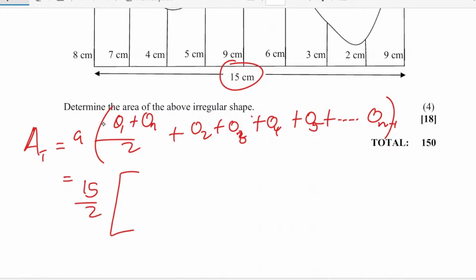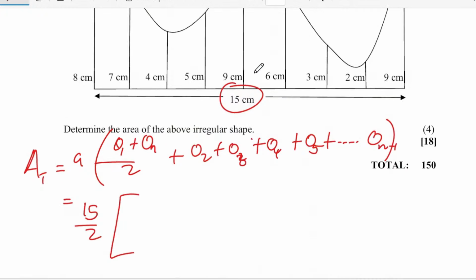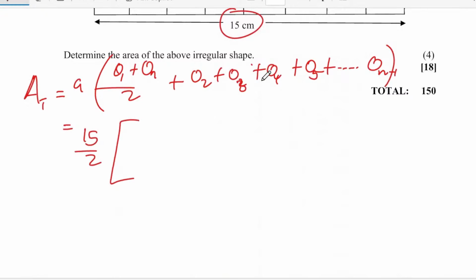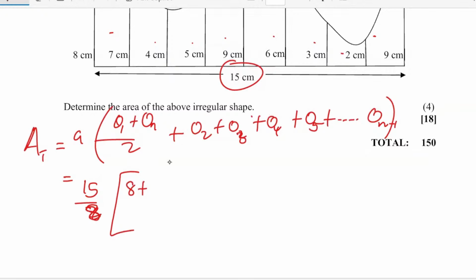Okay, so it's going to be 15 divided by, how many ordinates do we have? We have 1, 2, 3, 4, 5, 6, 7, 8. We have 8 ordinates. So which means we're going to divide this by 8. And then with the first one, it's going to be 8 plus the last one is 9. Divide by 2.